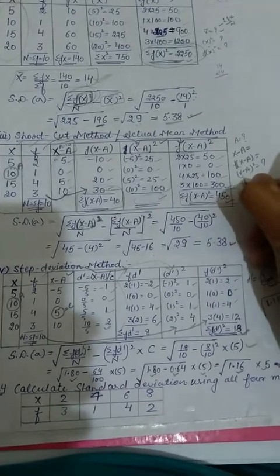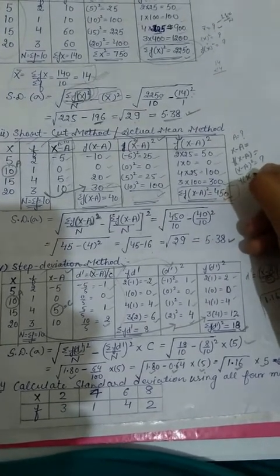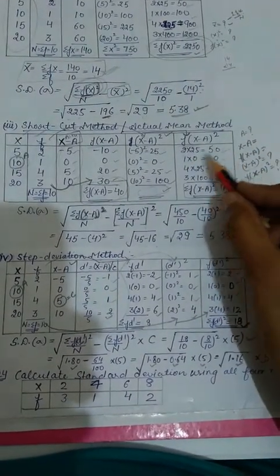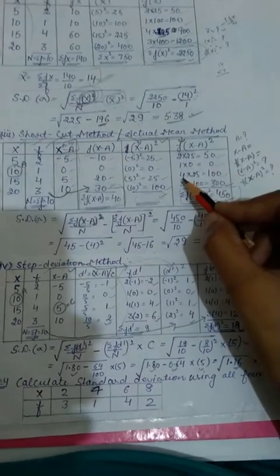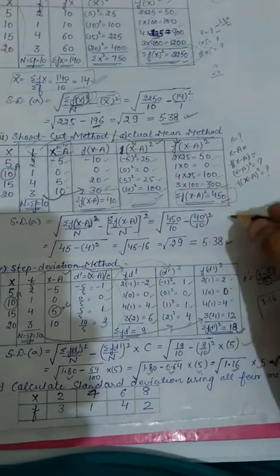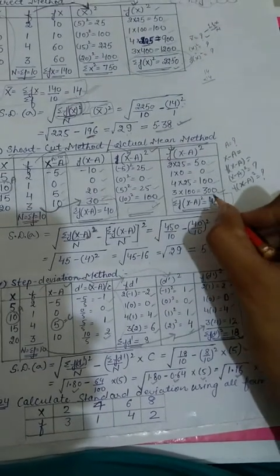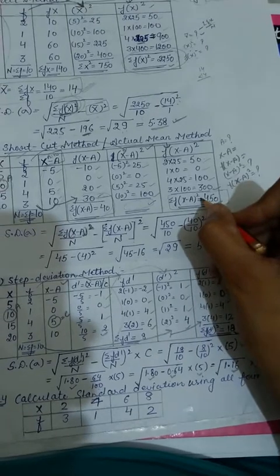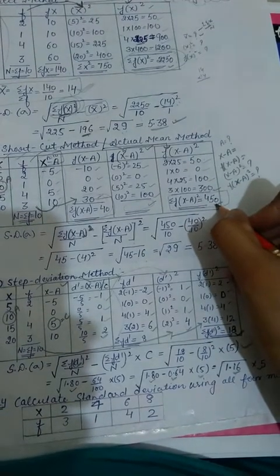Now you need the product of f into x minus a whole square, that is 2 into 25, that is 50, 1 into 0 is 0, 4 into 25 you will get 100, 3 into 100 you will get 300, and this sigma f into x minus a whole square total you will get 450.